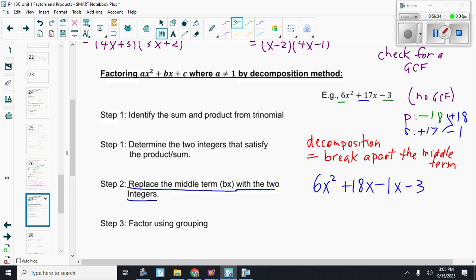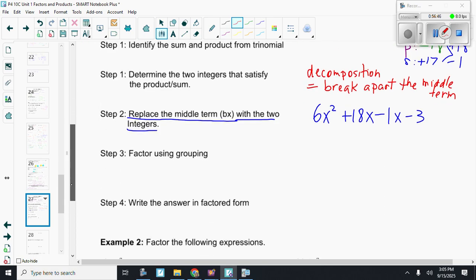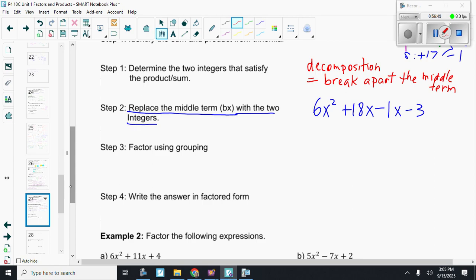Now look what we have. Now we have a polynomial with 4 terms. We know how to factor that. We can do grouping. So factor using grouping. We're just going to group our first 2 terms, group our last 2 terms.